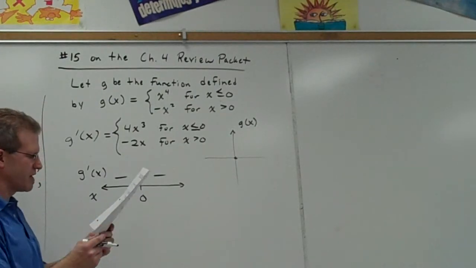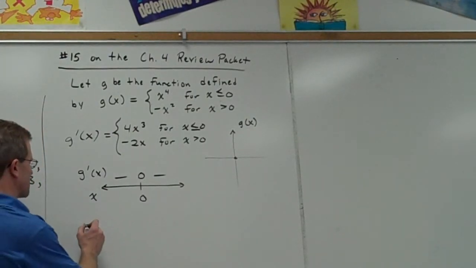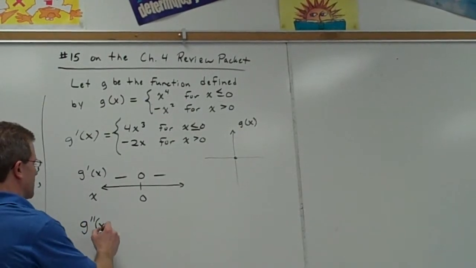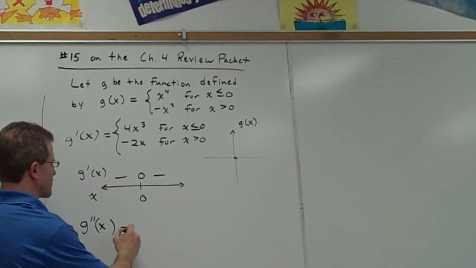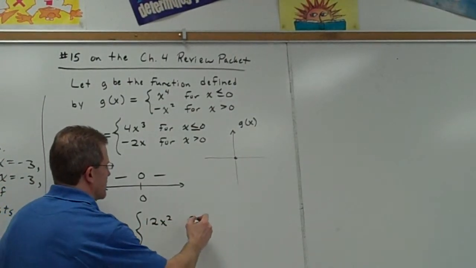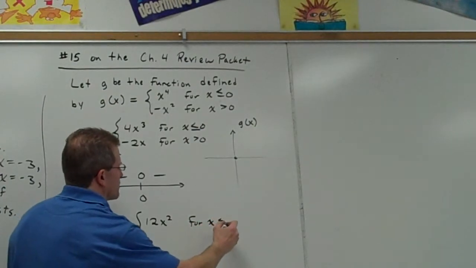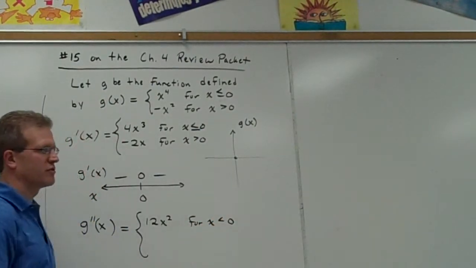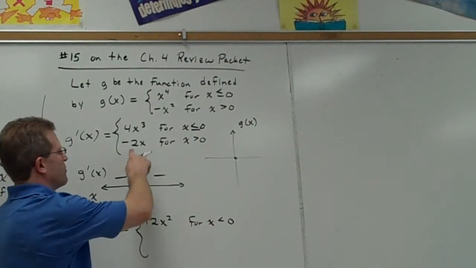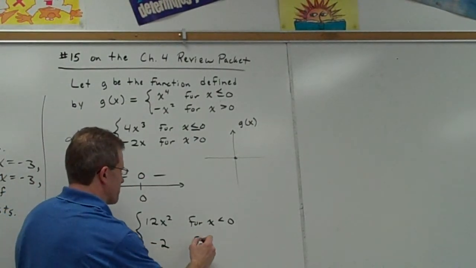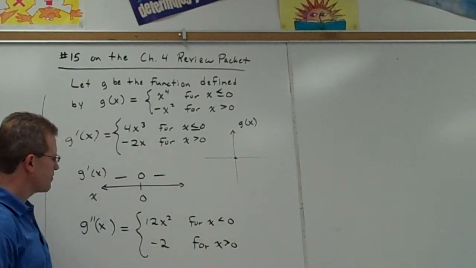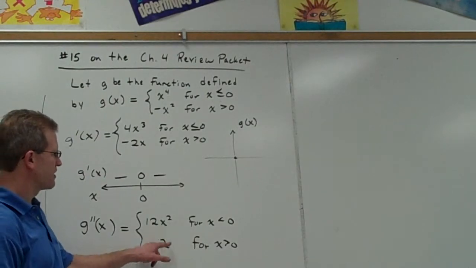The next part D asks for g double prime. Let's do g double prime. The derivative of 4x cubed would be 12x squared when x is less than 0. Let's just put less than 0 because I'm not sure yet if the second derivative exists at 0 or not. Derivative of negative 2x is negative 2. Now plug 0 into both of these.